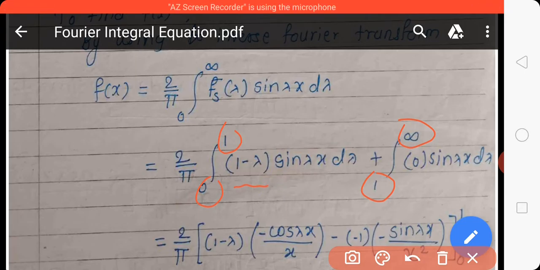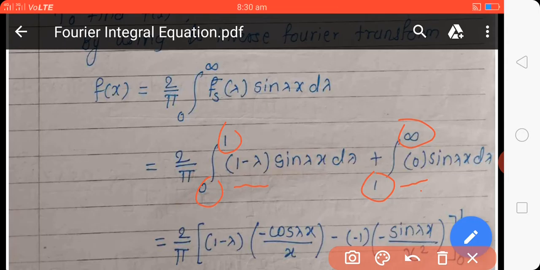And if from 1 to infinity, then the value of the function is 0. Here we put in the values and find the value of the integration. In the second integration, the value of the function is equal to 0. Therefore, the second integral is equal to 0.